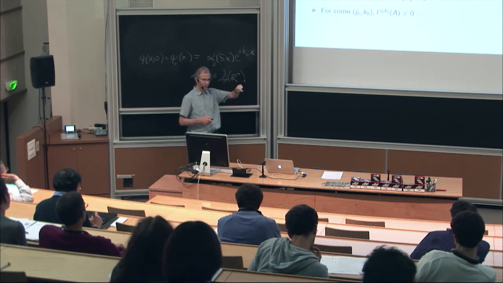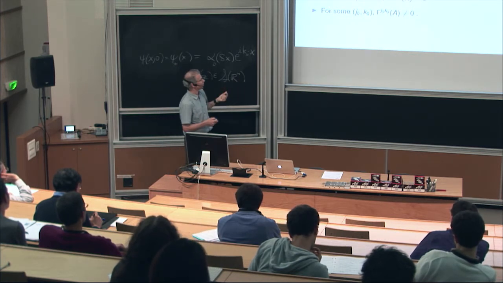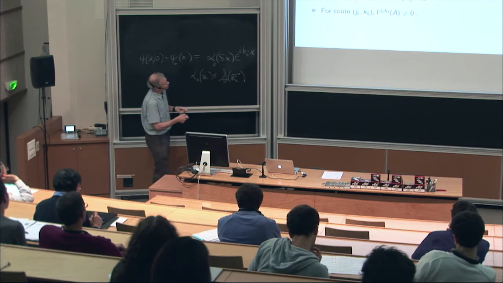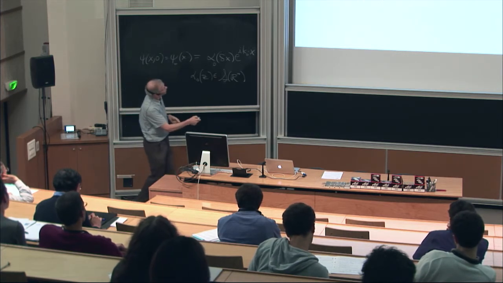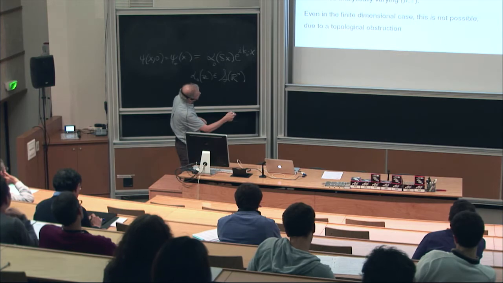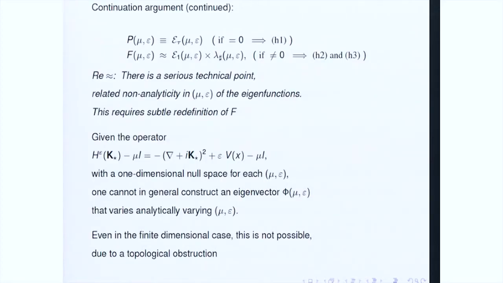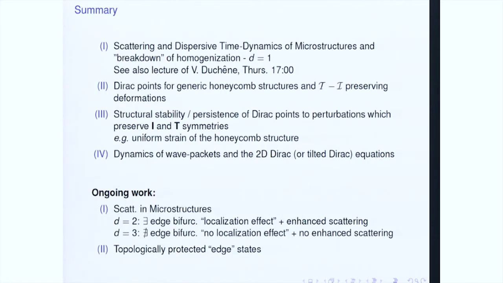And that's the origin of the topological obstruction. So instead of writing down this object, we have to write down a vectorized version of this, which is analytic, and if it's non-zero, then that's enough for us to do the continuation.